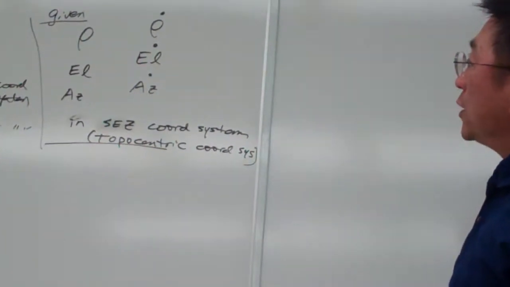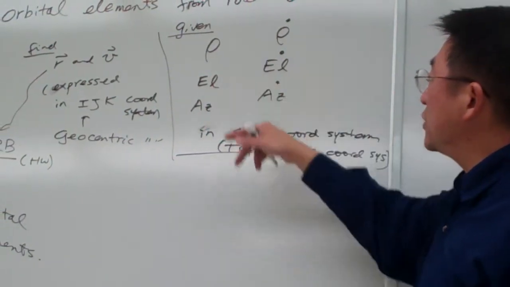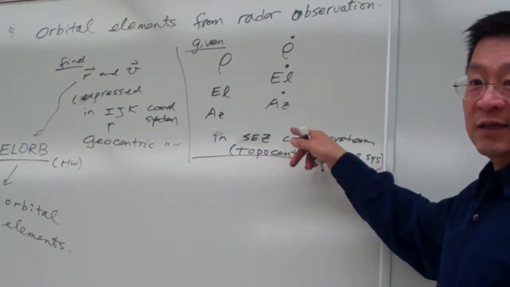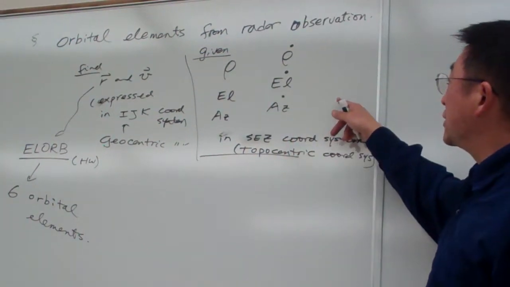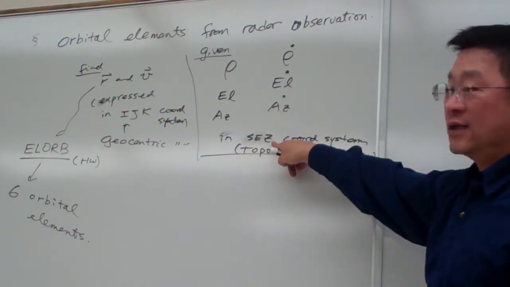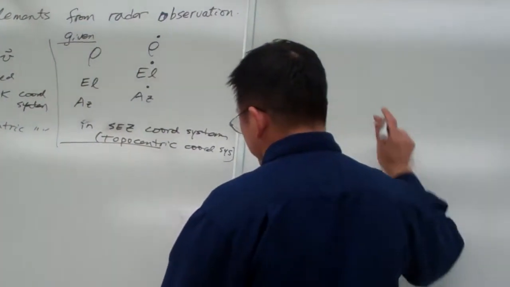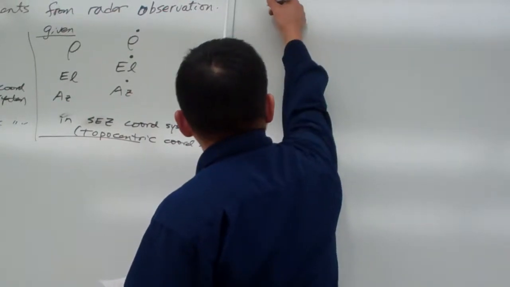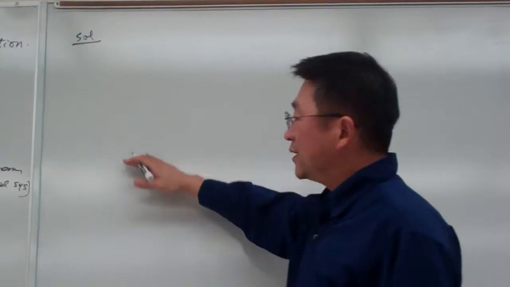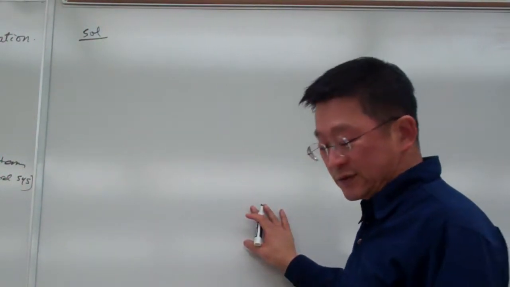And last time we have done this: based upon the range and those kinds of information, we are able to calculate the expression in SEZ. We are able to determine the displacement and velocity expressed in the SEZ coordinate system. So now we're going to start from here. Here I'm going to list the procedures first, and then we will look at one example second.